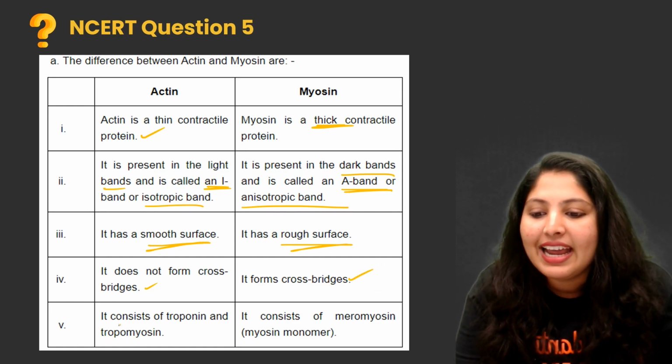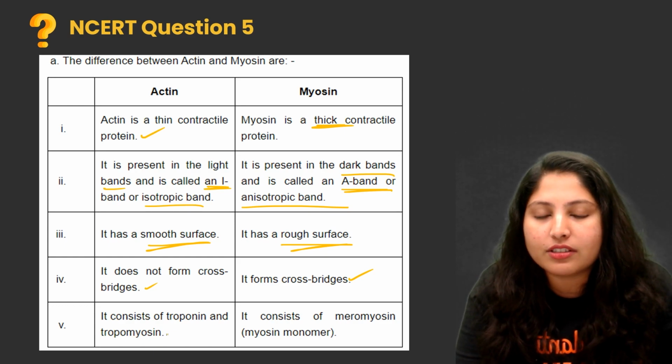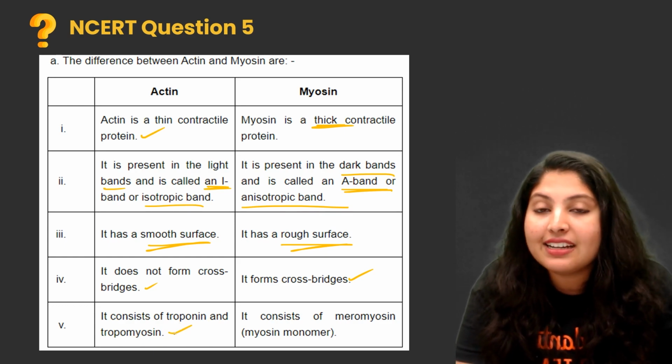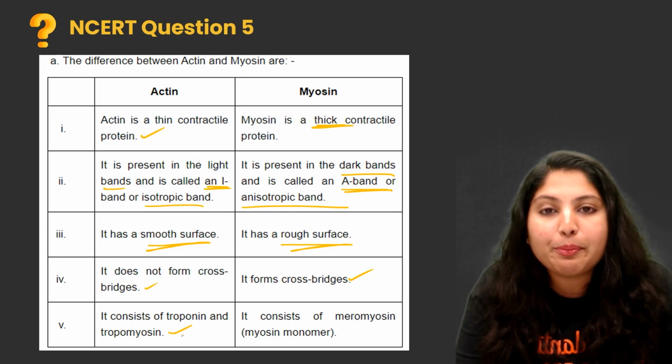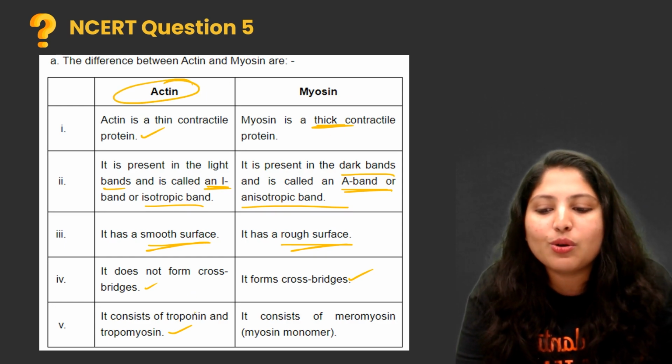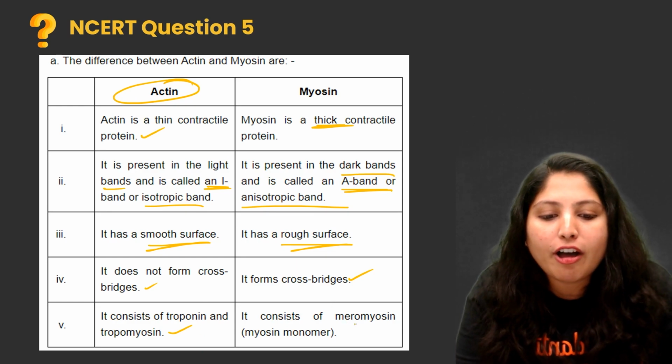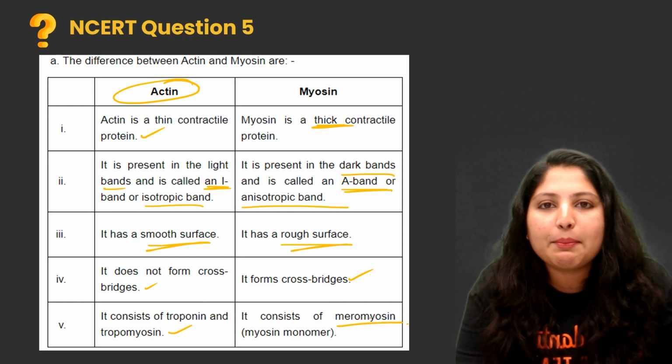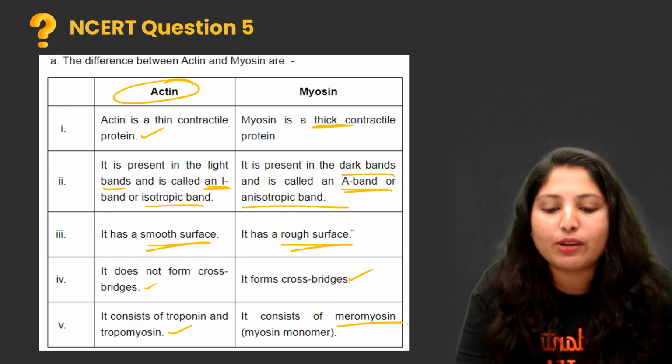Okay, next one. Actin consists of troponin and tropomyosin. Troponin and tropomyosin are additional proteins present only in actin, but in myosin there are no such things. Myosin is made up of meromyosin.